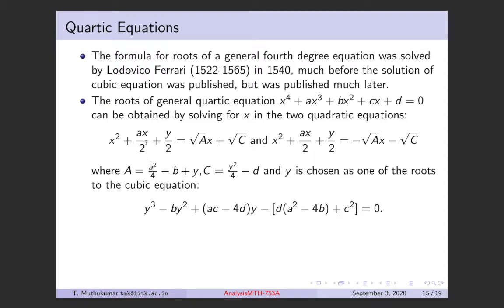To solve for x, you plug in A, C and y from these, and A and C are obtained from the coefficients and this y, and this depends only on the coefficients of the quartic equation. And in this cubic equation you will get three values for y.